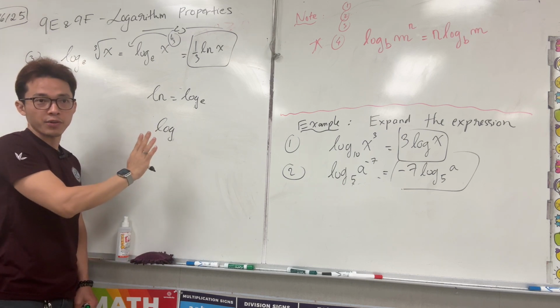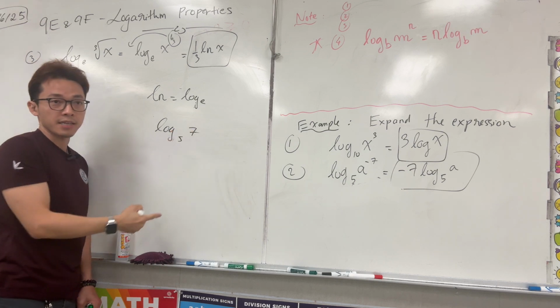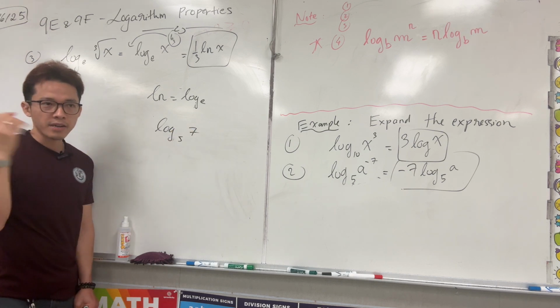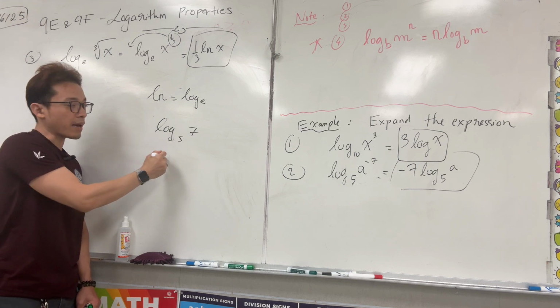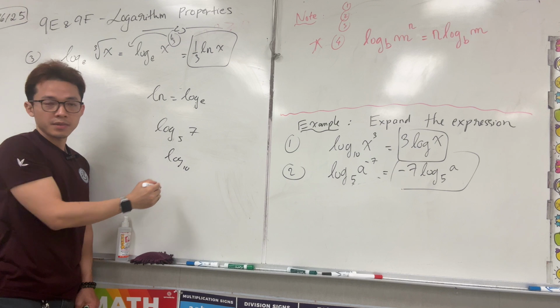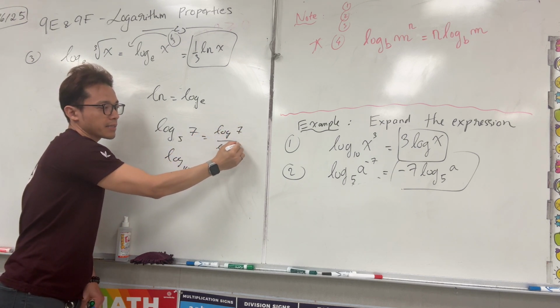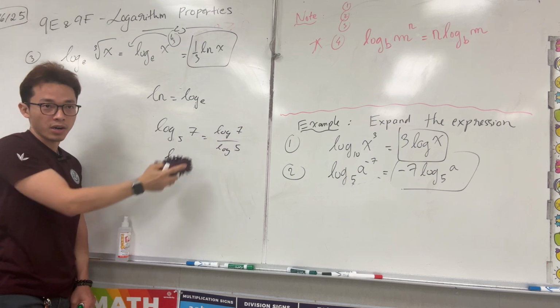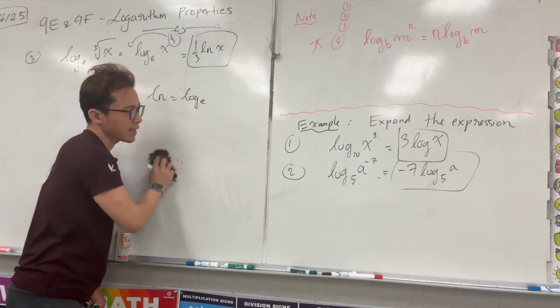Later on, we're going to learn how to find base 5, base 7 like this. This is actually equal to log base 10 of 7 divided by log base 10 of 5. Later we're going to learn how to press this on a calculator.